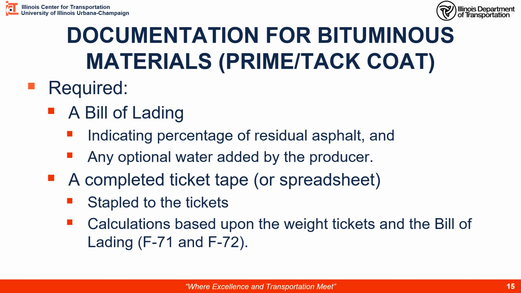You're going to do either a ticket tape and staple that to your weight tickets as far as your calculations, or you could use a spreadsheet. And the calculations are based upon the weight tickets and the bill of lading. If you go to the doc guide pages F71 and F72, there's some examples of this.